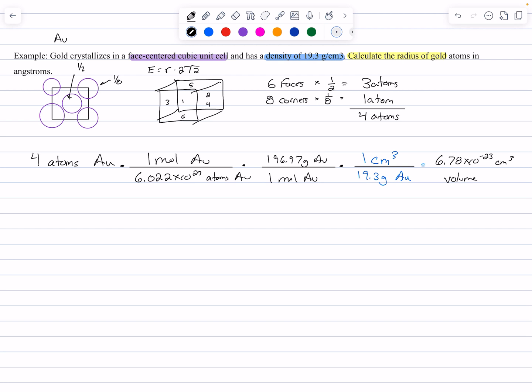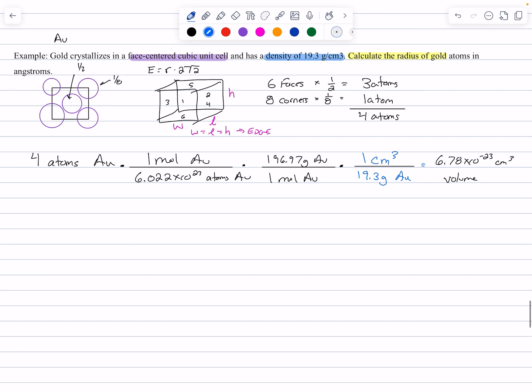Now, that's the volume. How does the edge compare to the volume? Well, we've got the length, the width, and the height, and they're all the same, right? W equals L equals H, because it's a cube, which is the edge.